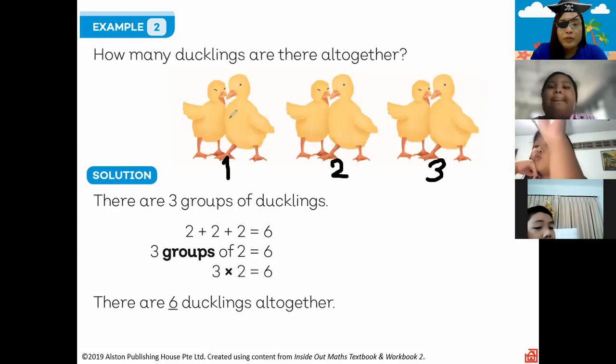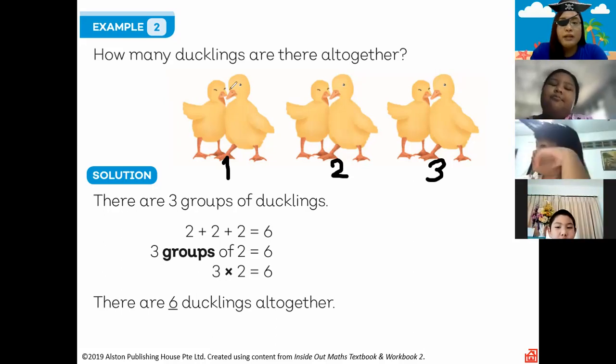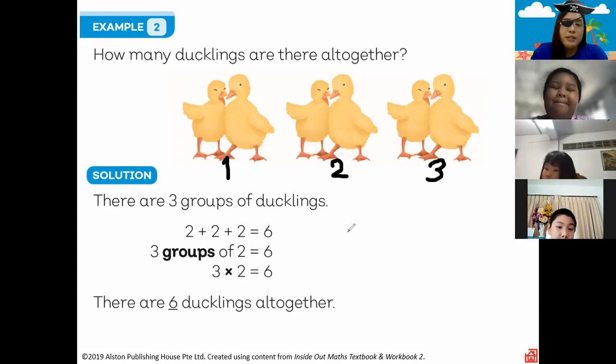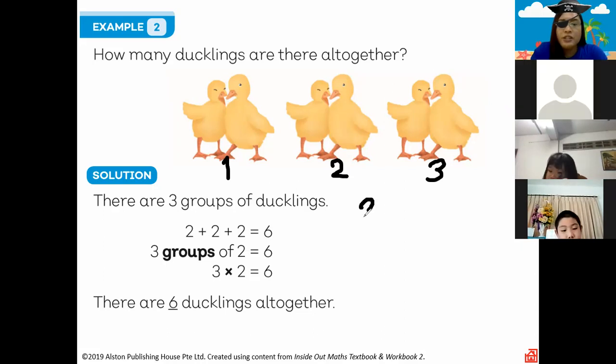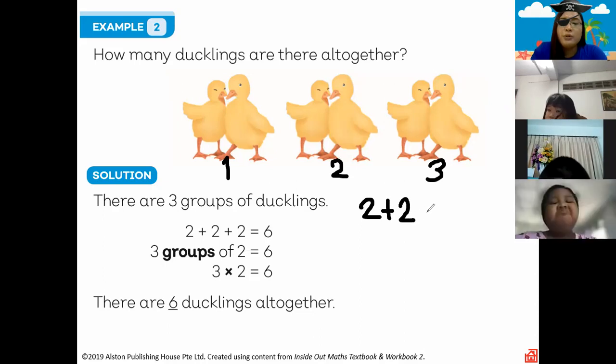There are 2 ducklings in each group. So it's the same as this. For addition, it's 2 plus 2 plus 2 equals 6, okay?